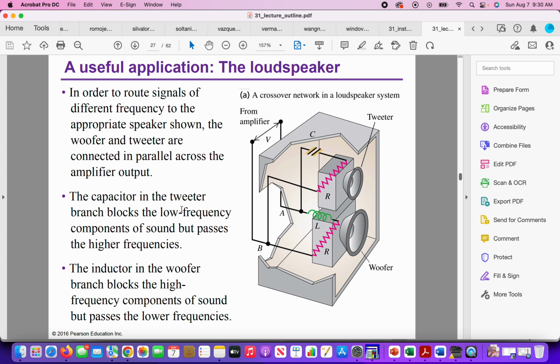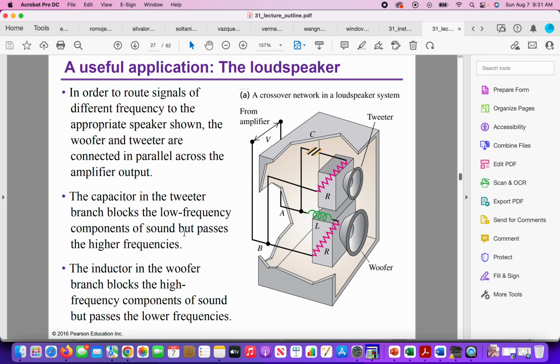Here is an application, the loudspeakers. You can read more in your textbook, but in order to route signals of different frequencies to the speakers shown, the woofer and the tweeter are connected in parallel across the amplifier output, and the capacitor in the tweeter branch blocks the low frequency.